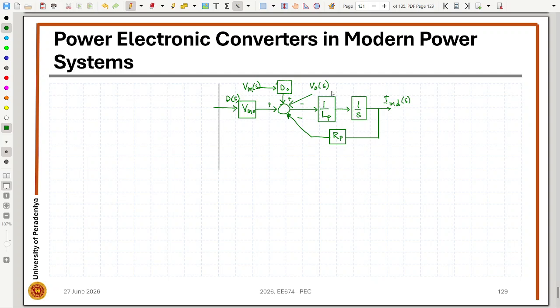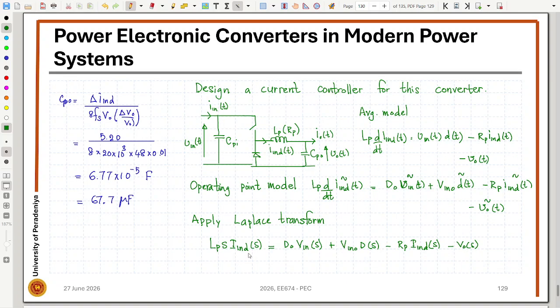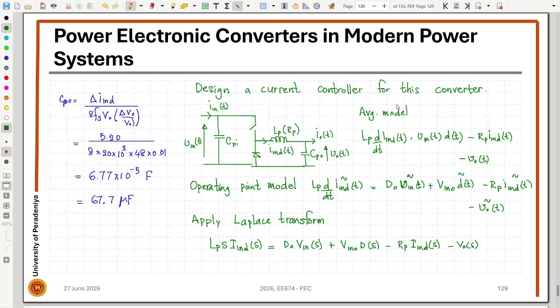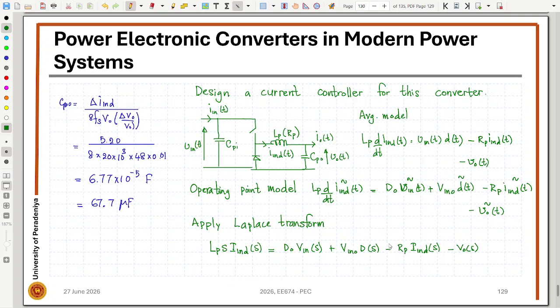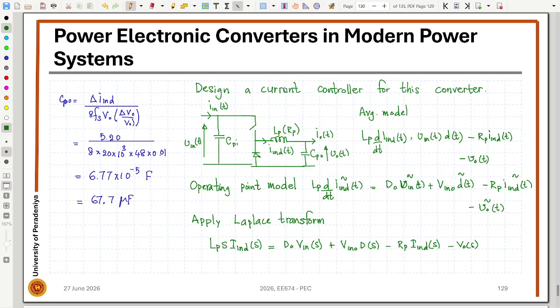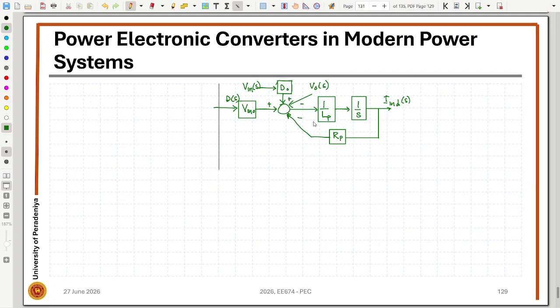So this is the plant model. So we can look at Lp s I inductance. So we have that as the output. We multiply by 1 over Lp, 1 over s to get I inductance. On the right hand side we have D naught Vin plus Vin over D(s). So that is what I have presented here: D(s) times Vin operating point plus Vin(s) times D naught. Then we have minus Rp I inductance minus Vout(s). So these are the components.